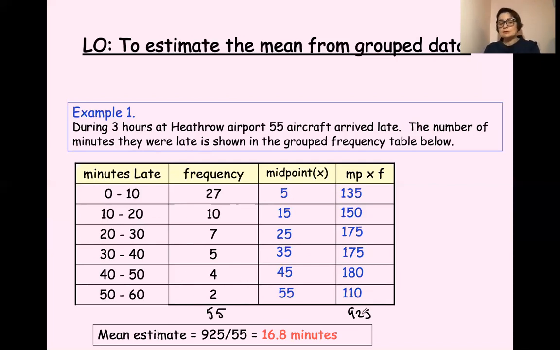But remember, you need to divide the total of the midpoint times f column by the total frequency to find the mean. Always divide by frequency. So in this case, the answer is 16.8 minutes.